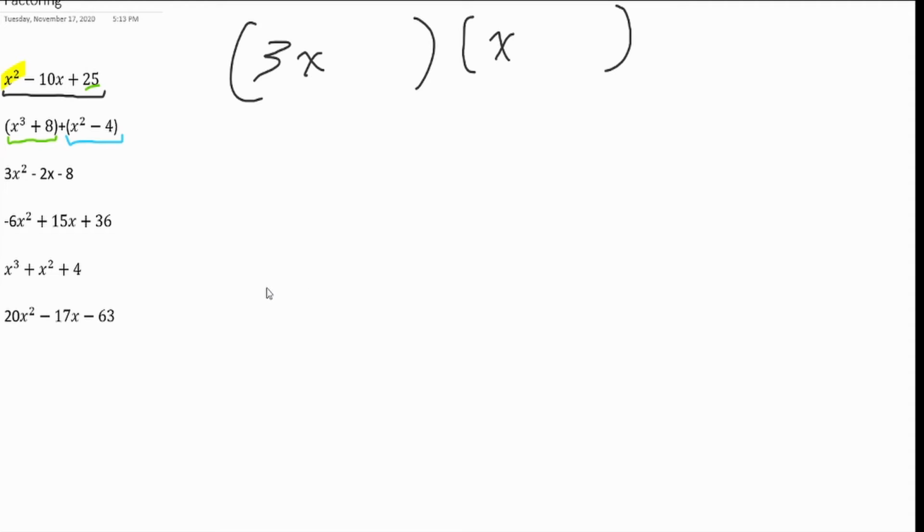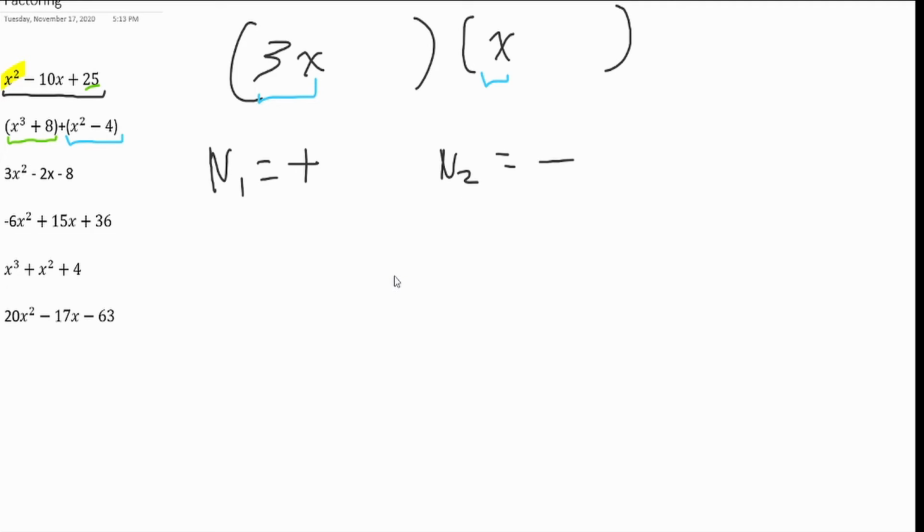Now all we have to do is find two numbers that fit in here that will give us negative 2x and negative 8. Now let's start with negative 8, since it does not require our x coefficients. So negative 8, that means that one number is positive, one number is negative. So let's say n1 equals positive, and n2 equals negative.